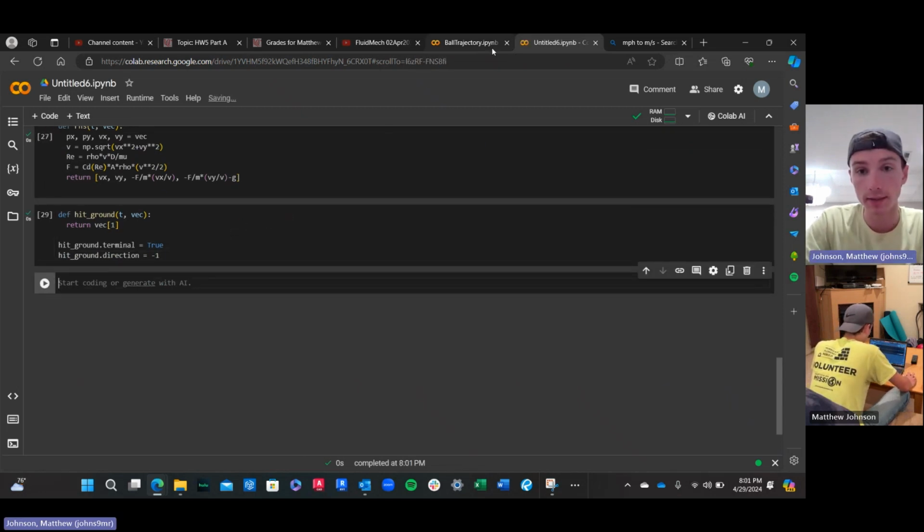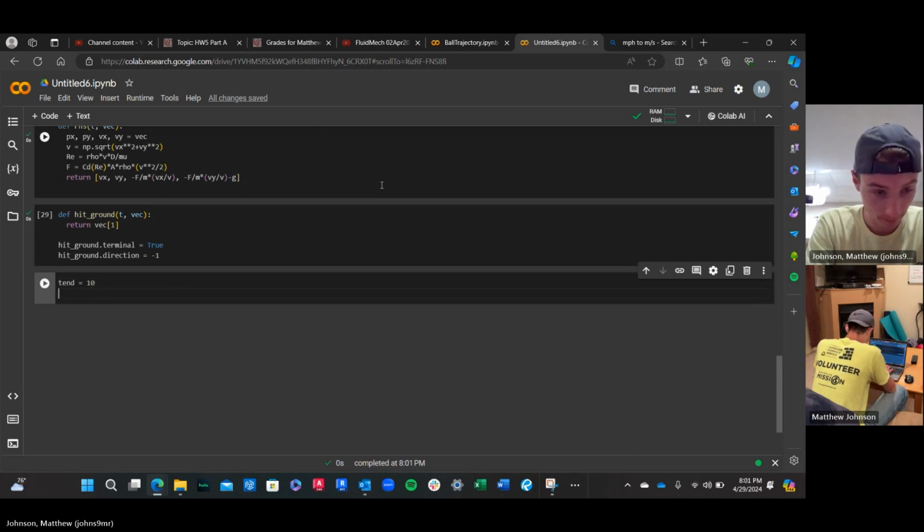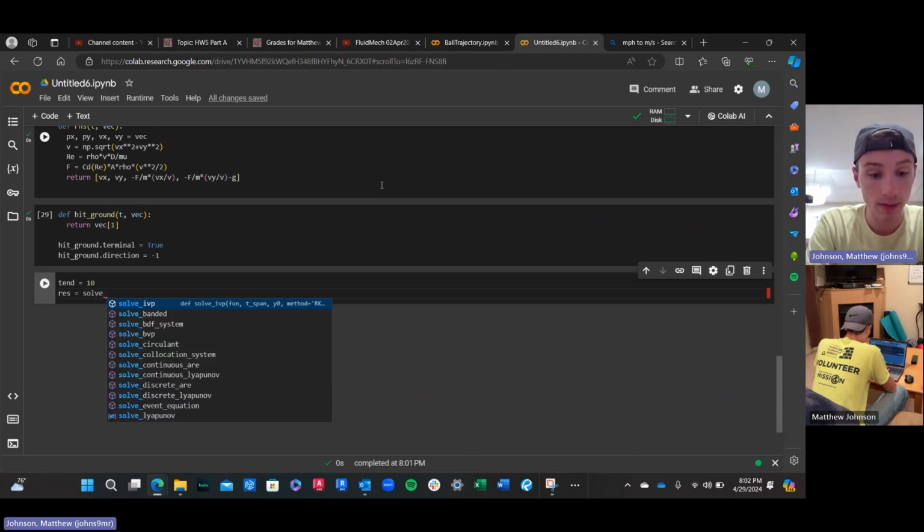And now we can start plotting. So we should guess first a value for time end. I'll guess 10 seconds. Probably wouldn't take that long. And then our result is equal to solve IVP.